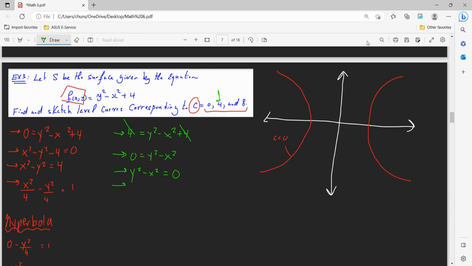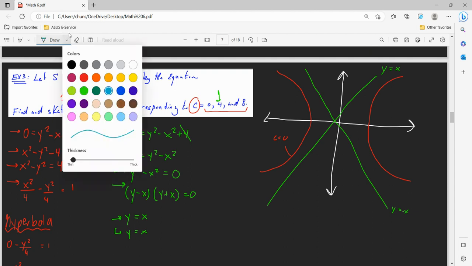This is a difference of squares, so we can do y minus x times y plus x. This gives us y equals x, and a second equation of y equals negative x. So we know those look like this: y equals negative x, and y equals positive x.